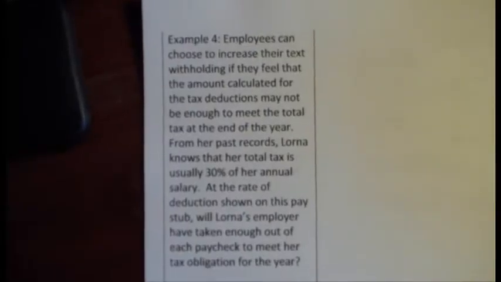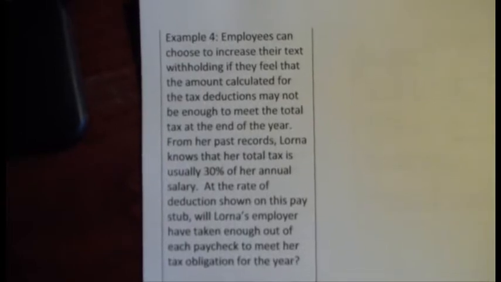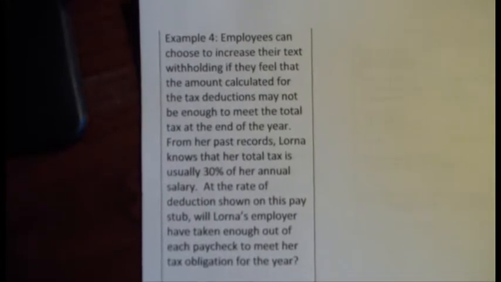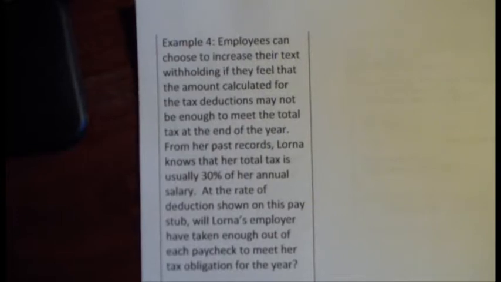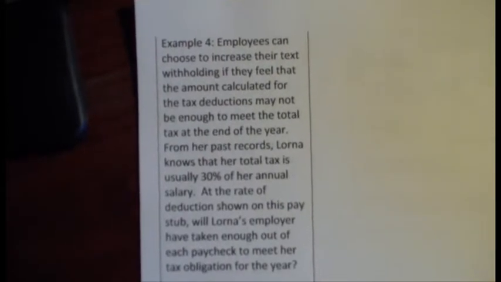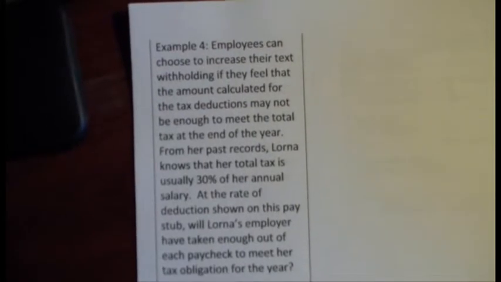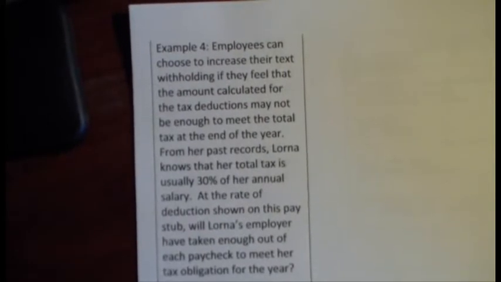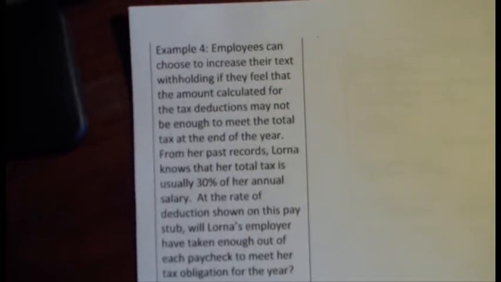Example 4. Employees can choose to increase their tax withholding if they feel the amount calculated for the tax deductions may not be enough to meet the total tax at the end of the year. From her past records, Lorna knows that her total tax is usually 30% of her annual salary.